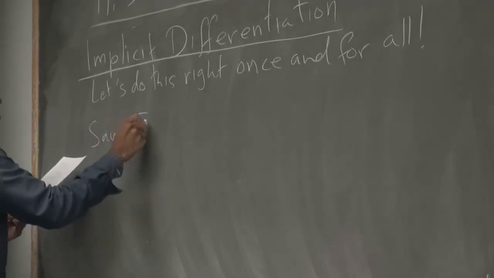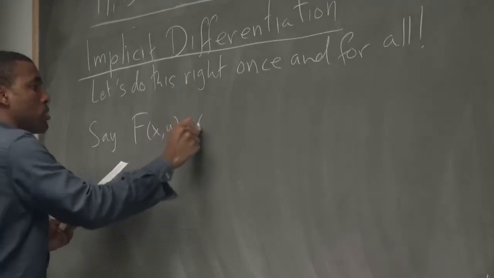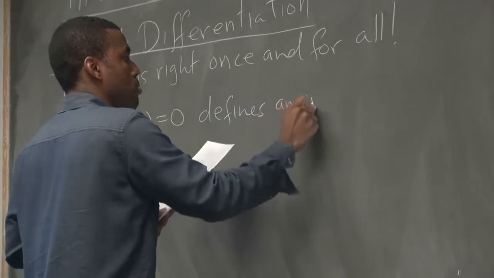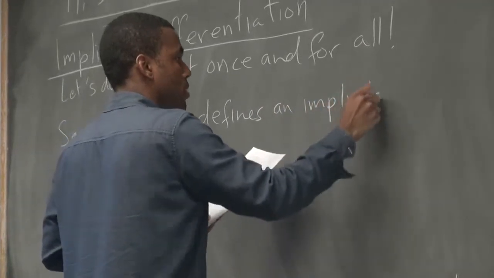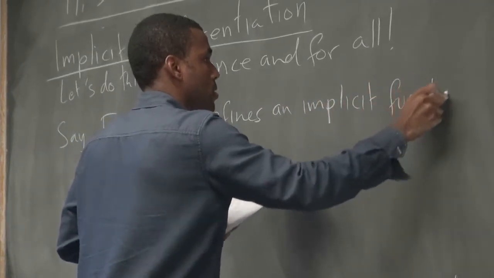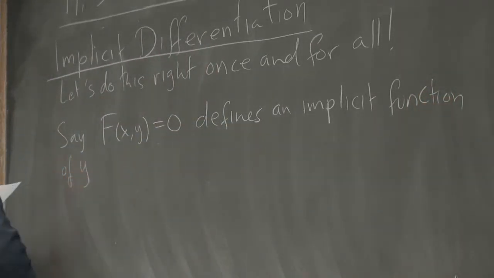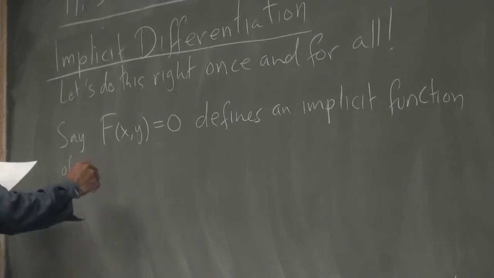So let me say f of x, y equals 0 defines an implicit function. We use the chain rule.